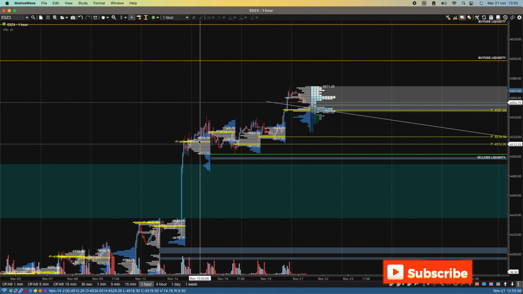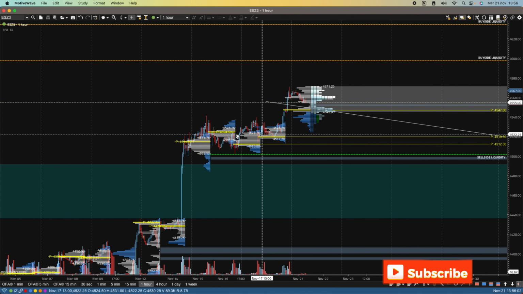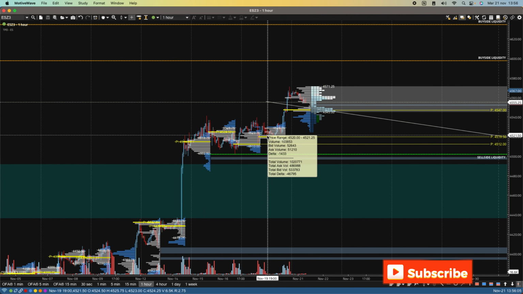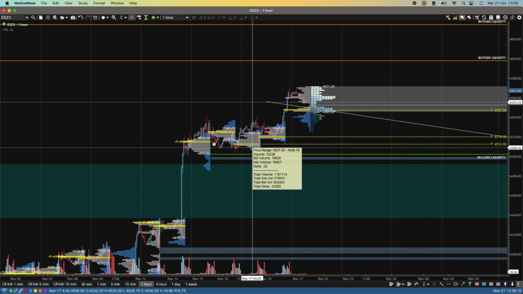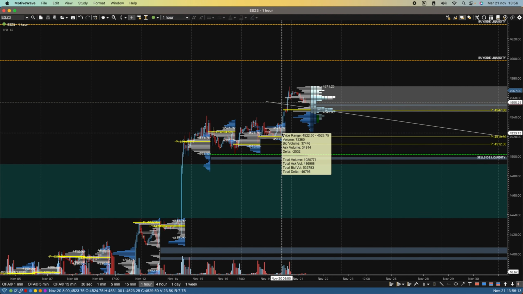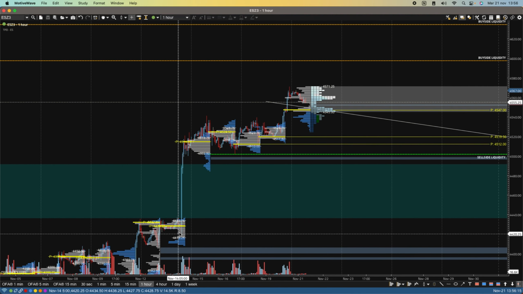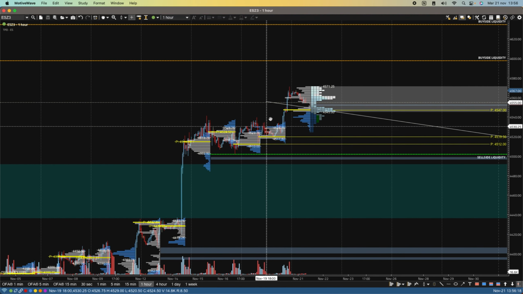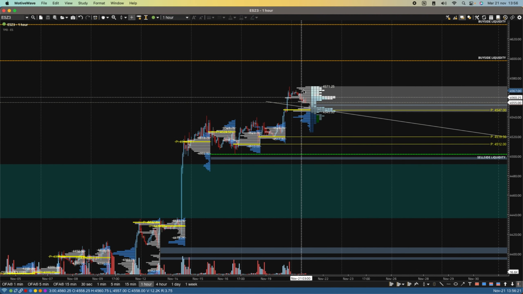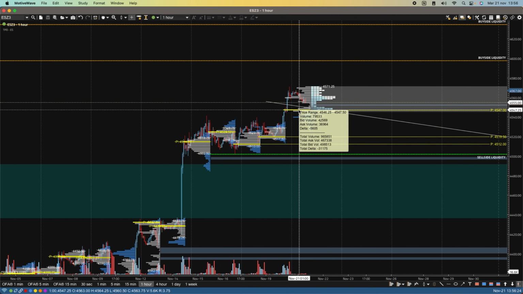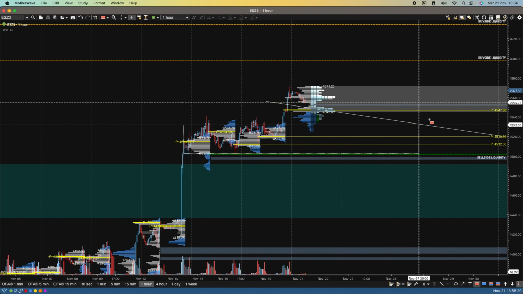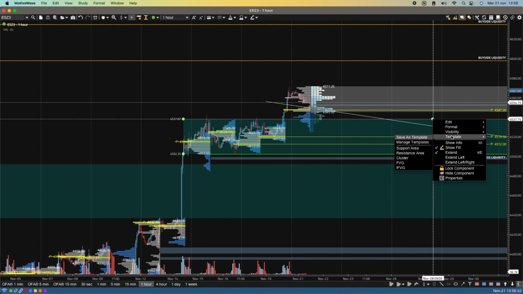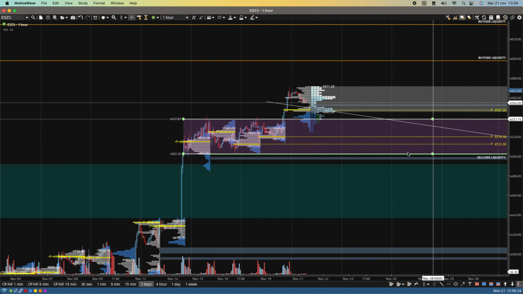As you can see, look at the yellow boxes, which are the points of control of the single sessions. After this ranging period, we have this strong impulse, and basically this is a very good zone from which price could react in the future.